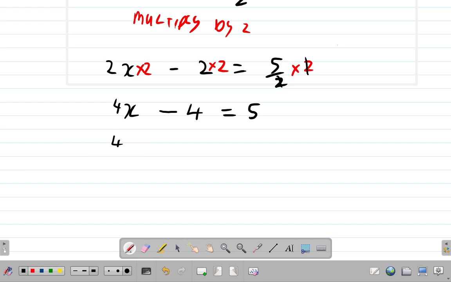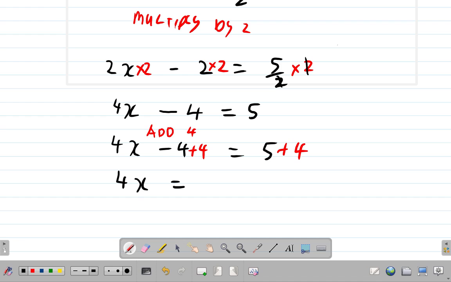So you have 4x minus 4 equals 5. Need to get rid of this 4, so I add 4, add 4. Because remember, I'm adding 4. Negative 4 plus 4 is 0. So what I have here is 4x equals 5 plus 4, which is 9.